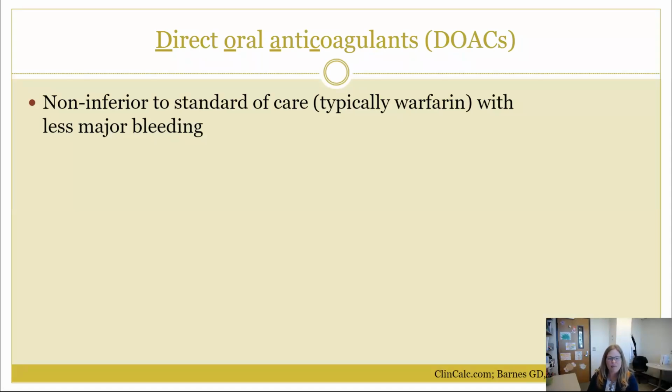I think part of the reason these oral anticoagulants have become so popular is that in clinical trials, they have been demonstrated to be non-inferior to the standard of care, which typically has been warfarin, meaning that they do a similar job of preventing stroke and preventing thrombosis, but they are safer for our patients as they have fewer episodes of major bleeding.